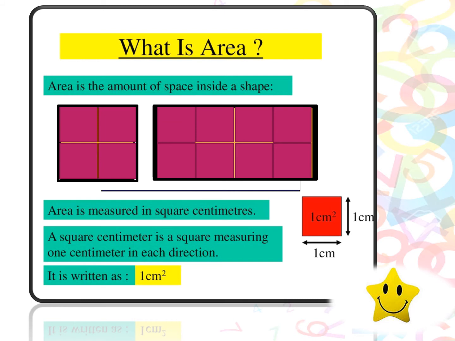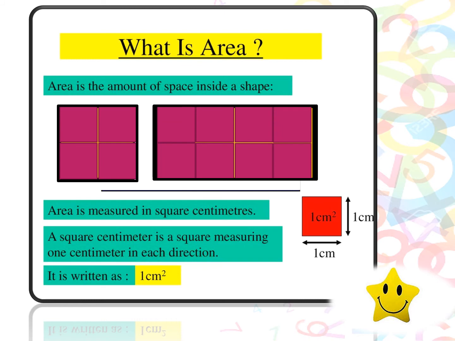A square centimeter is a square meaning 1 centimeter in each direction. It is written as 1 centimeter square. You can see that our big square comprises of 4 units or blocks of 1 centimeter square. So our area is 4 centimeter square.